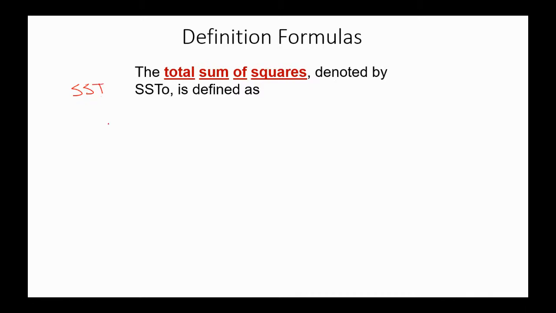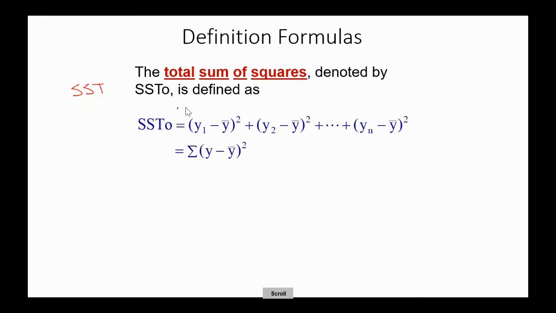So, total sum of squares, which if you write it this way, would be sum of squares total. But still, a lot of your books say SST, not SSTO. And that formula is your individual y's minus your average y.